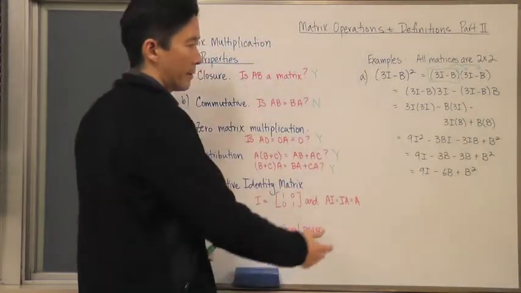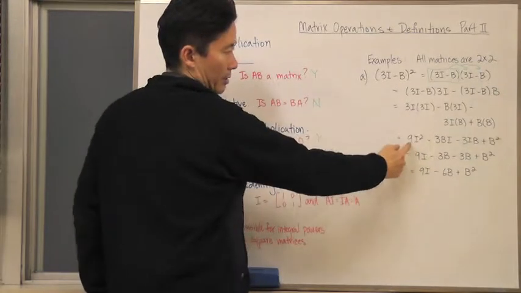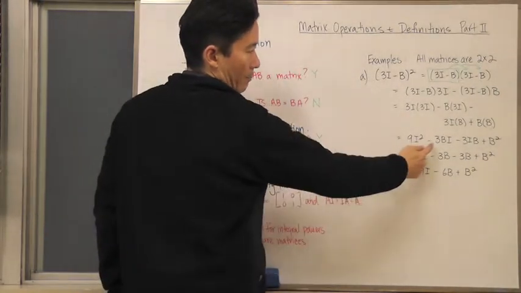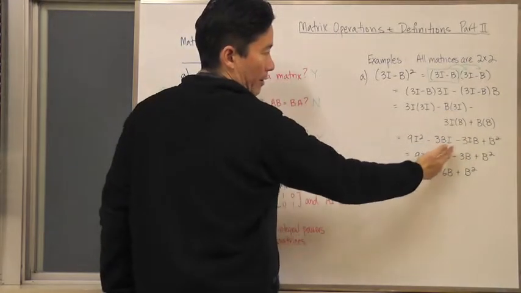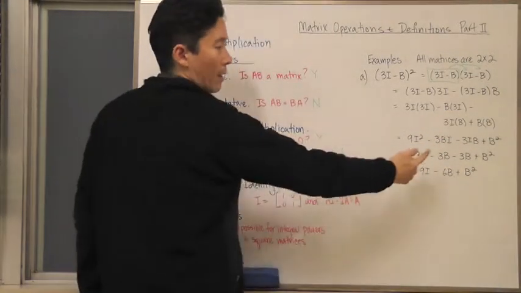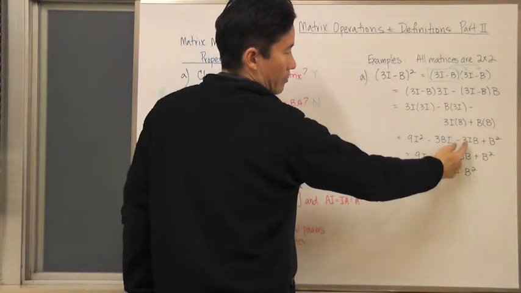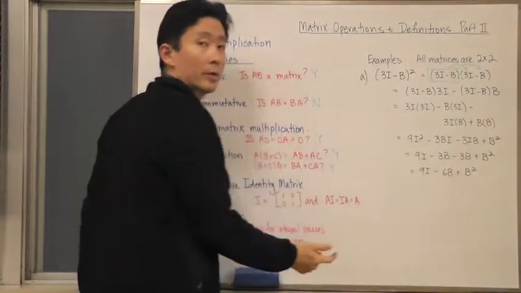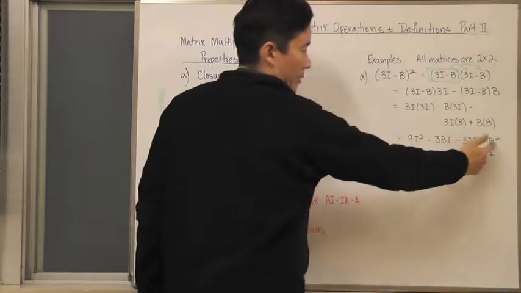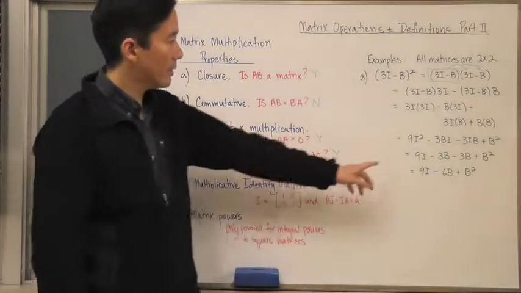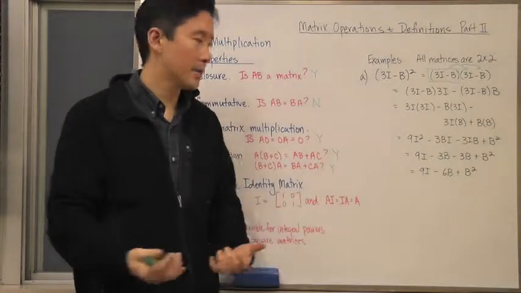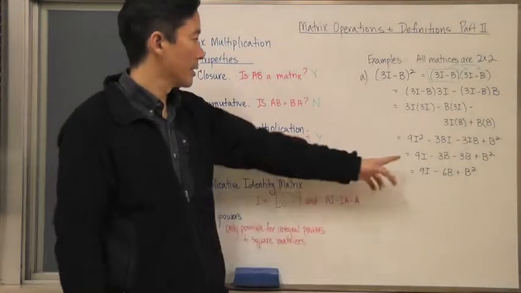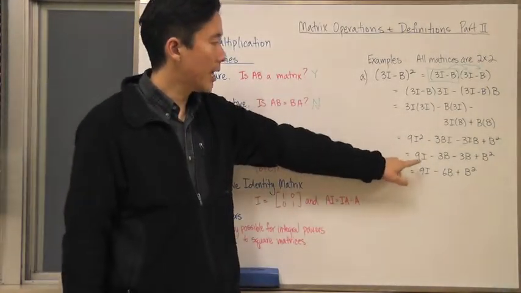So what I have now, if I multiply these two together, is 9I squared minus 3BI. Notice again that the B and the I are in the correct order. Then this here is going to be minus 3IB, notice the correct order again, and then plus B squared. Now I know that I, the identity matrix, times itself is still just I, so I can simplify that to just 9I.